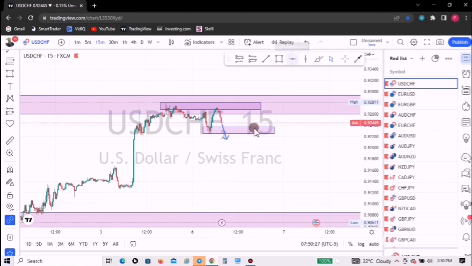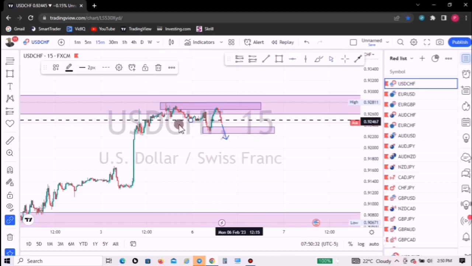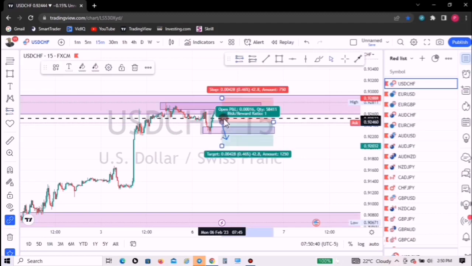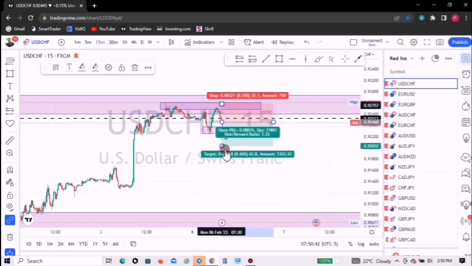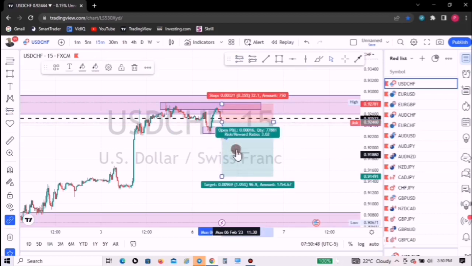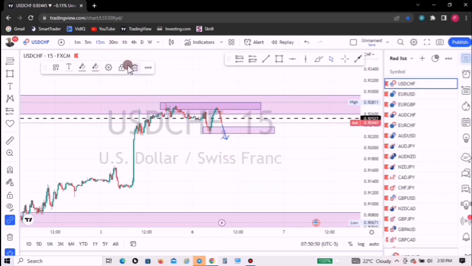You put your stop loss above this key level. You can put it here, and then you can use a take profit of 1:3, something like this.